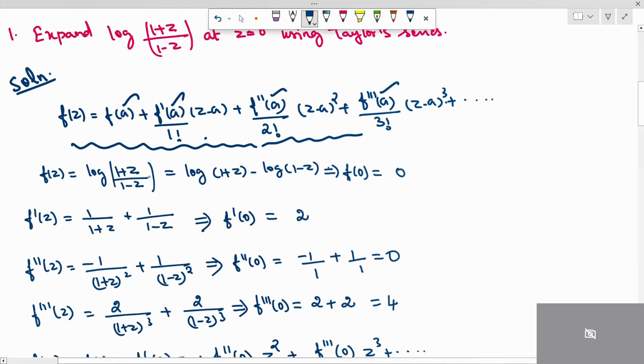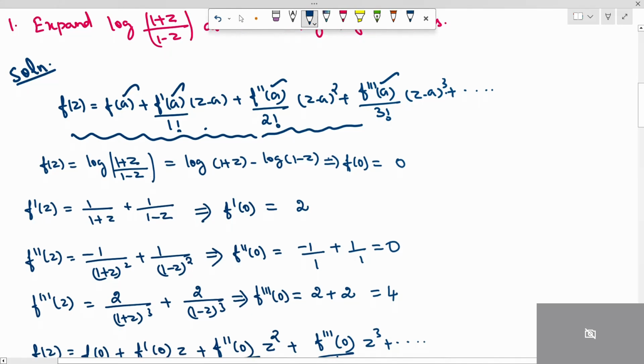Given f of z is log of (1 plus z) by (1 minus z), which we can write as log of (1 plus z) minus log of (1 minus z). If we write in this form, we can easily differentiate. f dash of z is equal to 1 by (1 plus z) plus 1 by (1 minus z).